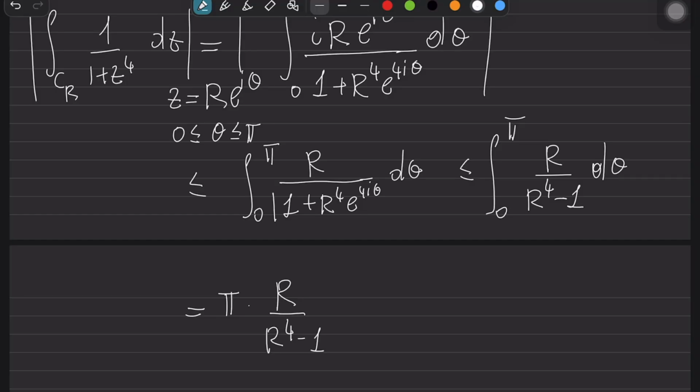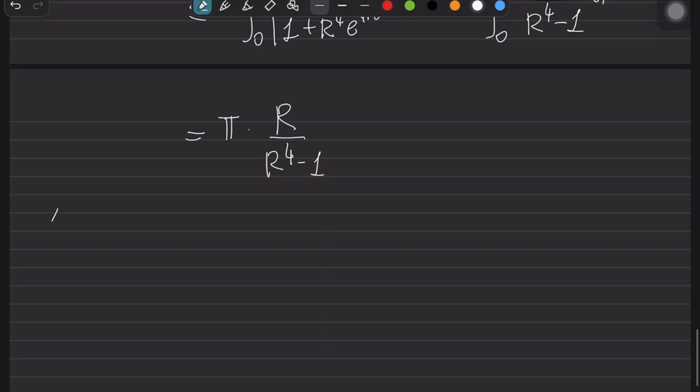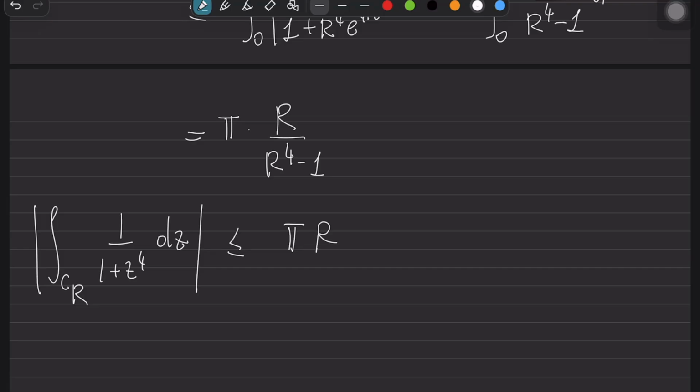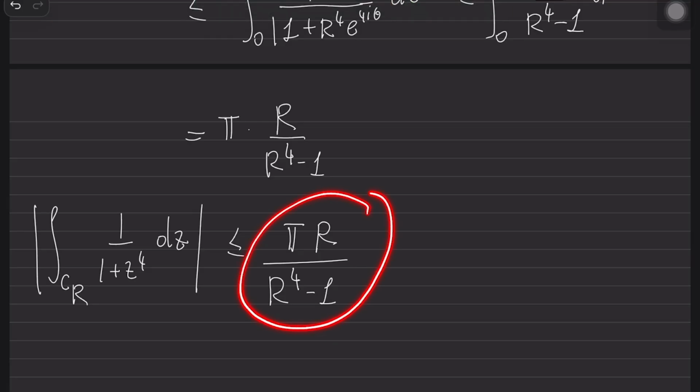And now why is this good? Well, because this chain of inequalities just showed that the modulus of the integral over CR, the semicircle, of 1 over 1 plus z to the power 4 dz, is less than or equal to pi r divided by r to the power 4 minus 1. Now, as r goes to plus infinity, this goes to 0.